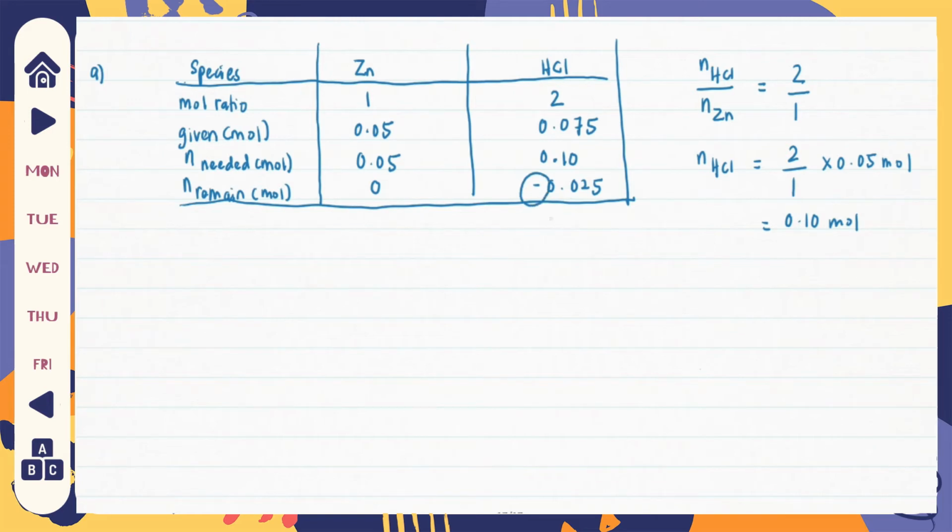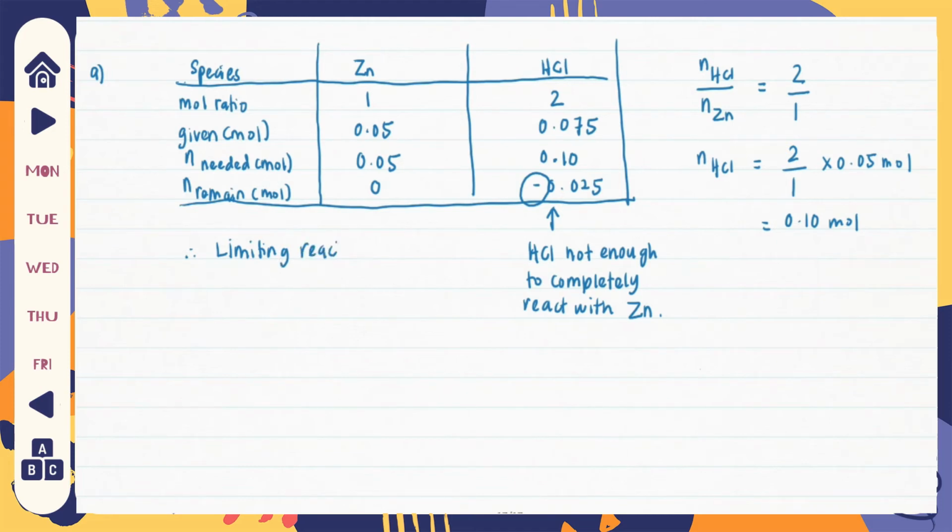That means that our HCl is not enough to completely react with zinc. Therefore, our limiting reactant is HCl because it is not enough.